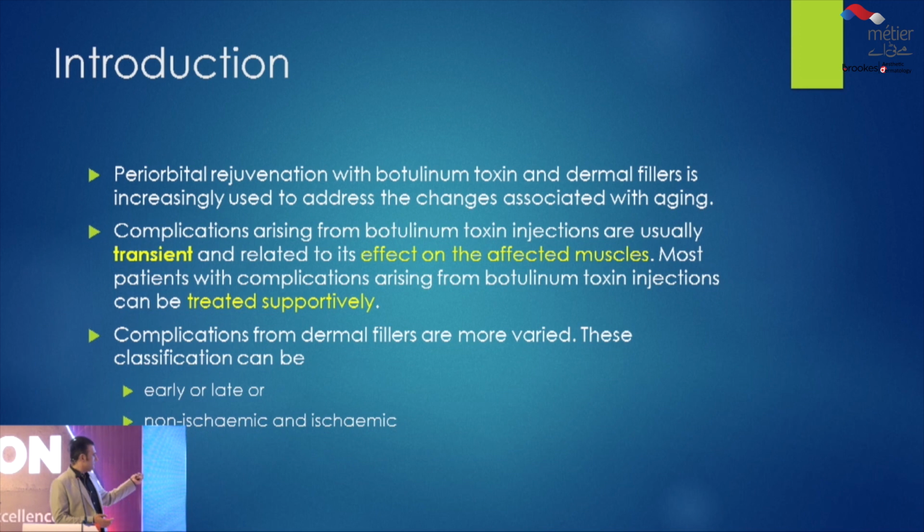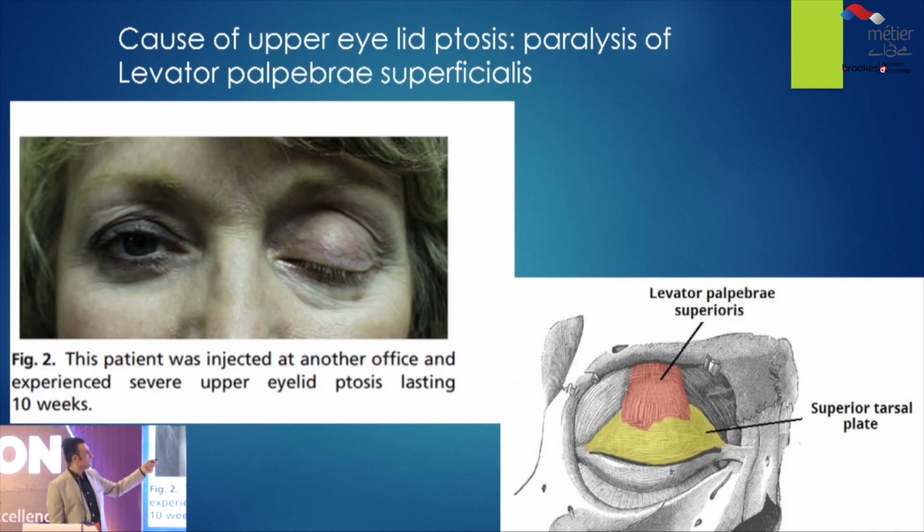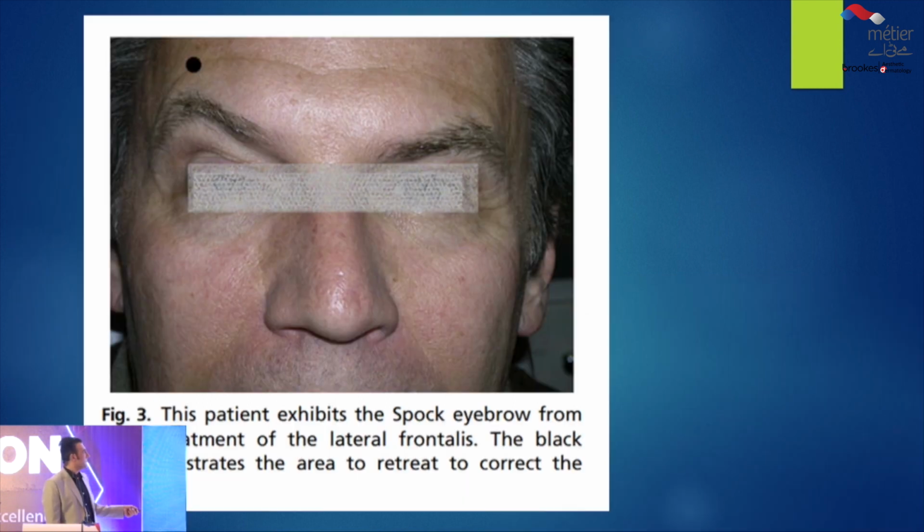So let's start from the facial anatomy. Everybody is familiar with the common muscles that we target while injecting botulinum toxin, the orbicularis oculi and all of them. So let's not waste time. Here you can see a complication in this patient: left eyelid ptosis has happened. It's because of wrong placement of the botulinum toxin or its diffusion into the levator palpebrae superioris muscle.